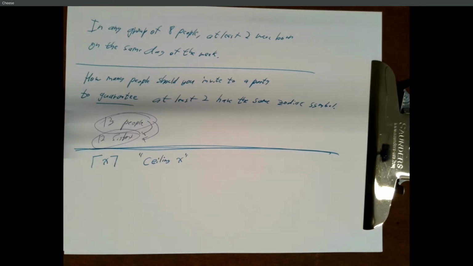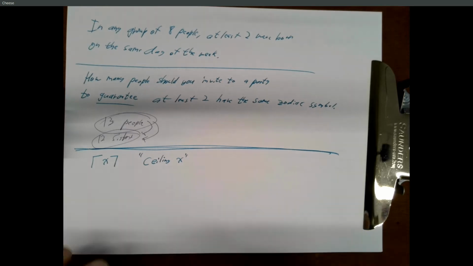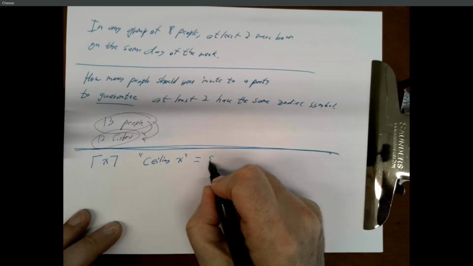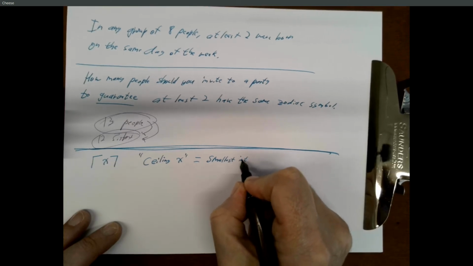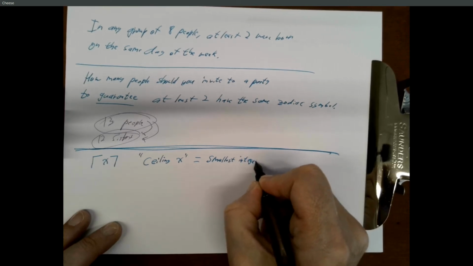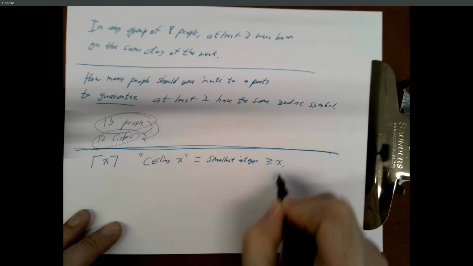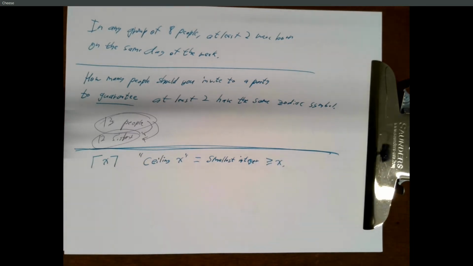So it's 2 little upside down L's on either side of a number or a variable. So this is ceiling x. And this is the smallest integer which is bigger than or equal to x. So the smallest integer bigger than or equal to x.